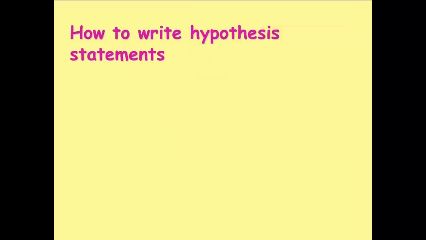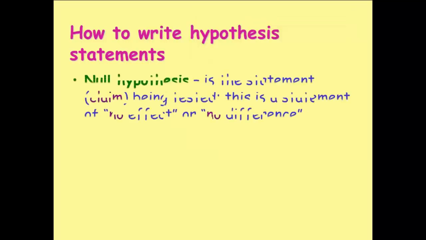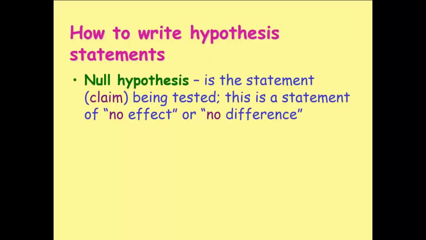Okay, so how do we write a hypothesis statement? We start by setting up what's called a null hypothesis. The null hypothesis is the statement that we are claiming is being tested. It's the one that doesn't have the effect or doesn't have the assumption. In other words, if I don't gather evidence, this is what we're going to think is going on.